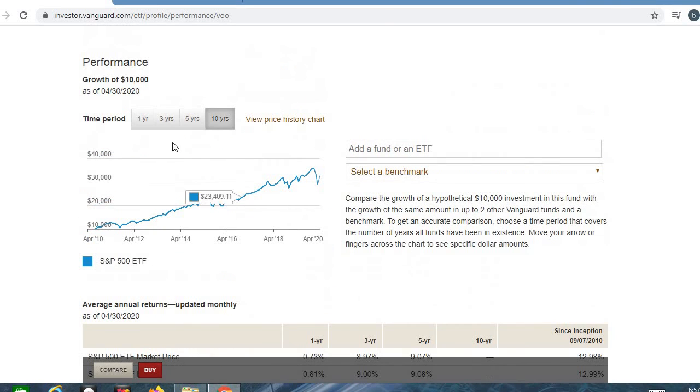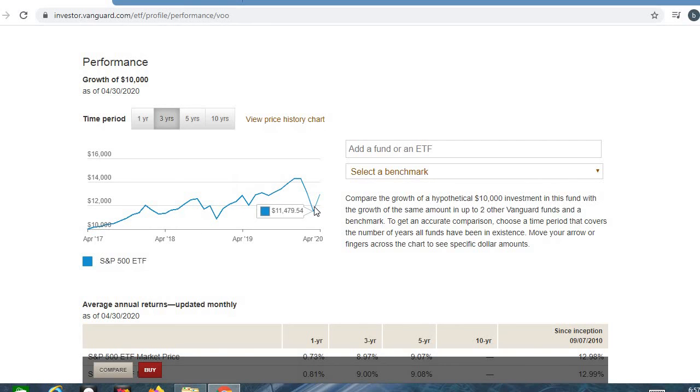The graph below provides the growth of a hypothetical $10,000 over a 1-year period, 3-year period, 5-year period, and 10-year period. For the 3-year period, if somebody invested $10,000 in April 2017, after 3 years it becomes almost $13,000.